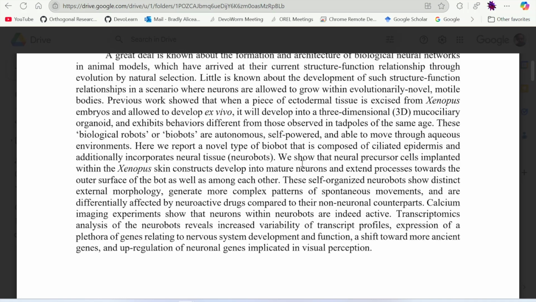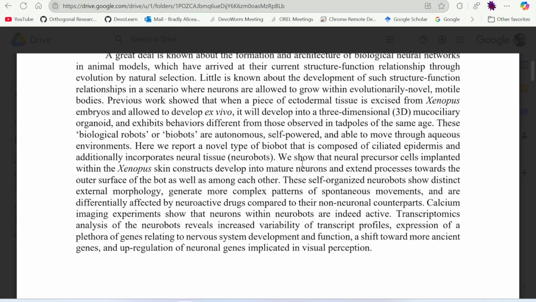We might not be able to achieve fully mature neurons in a skin construct. It takes a lot of guidance in terms of how these cells are implanted and how these cells are able to develop. And so this is where we're trying to develop not just a single tissue, but a compound tissue that resembles an organism.